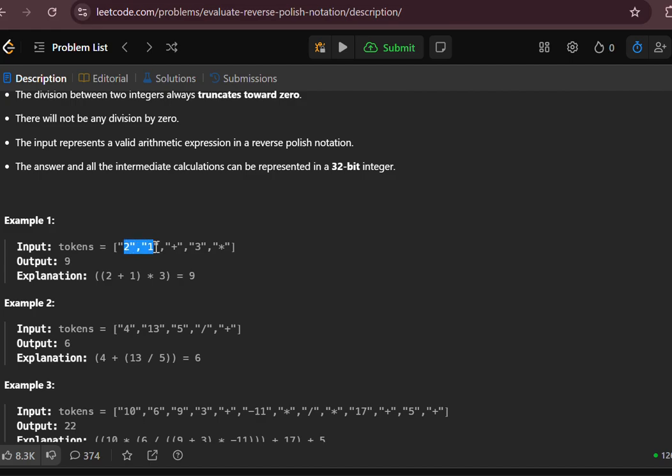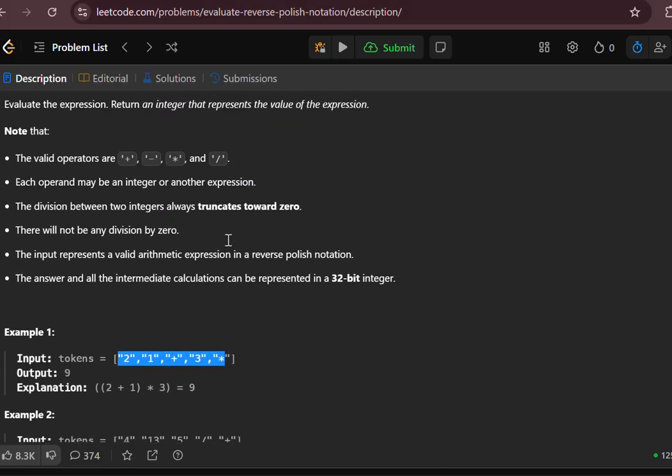So this is a postfix expression, and we are given a token array of strings containing it.